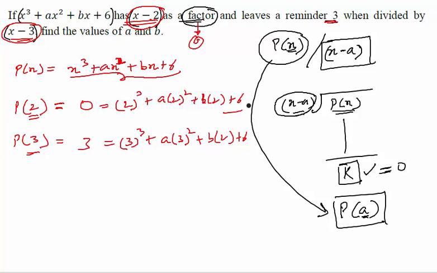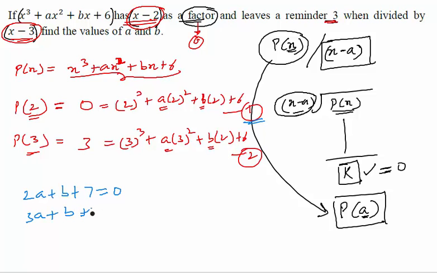So now here we have two equations, equation 1 and equation 2, which have two different variables a and b, which can be solved simultaneously, right? If you simplify these two equations, you should get something like 2a plus b plus 7 equal to 0 on simplifying the first equation, and 3a plus b plus 10 equal to 0 on simplifying the second equation, right?